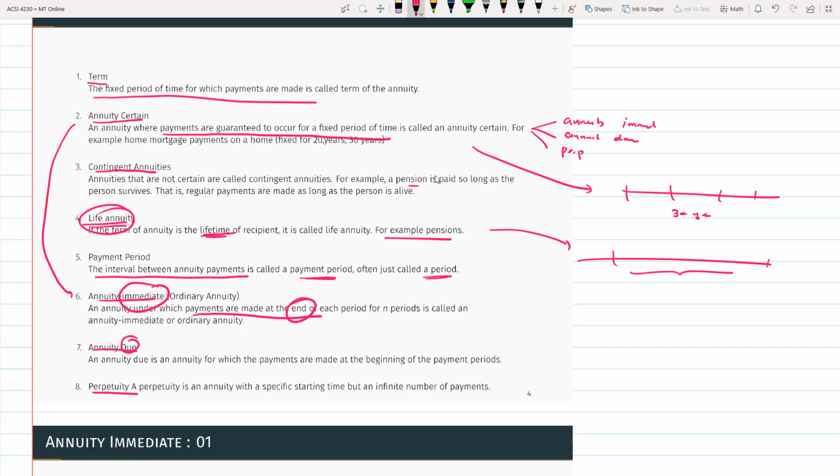Due is at the beginning. Okay, that's the main difference between these two annuities. Then the perpetuity, again, you can define as perpetuity immediate and perpetuity due. But the key part of perpetuity is an infinite number of payments. So there's no end to that.